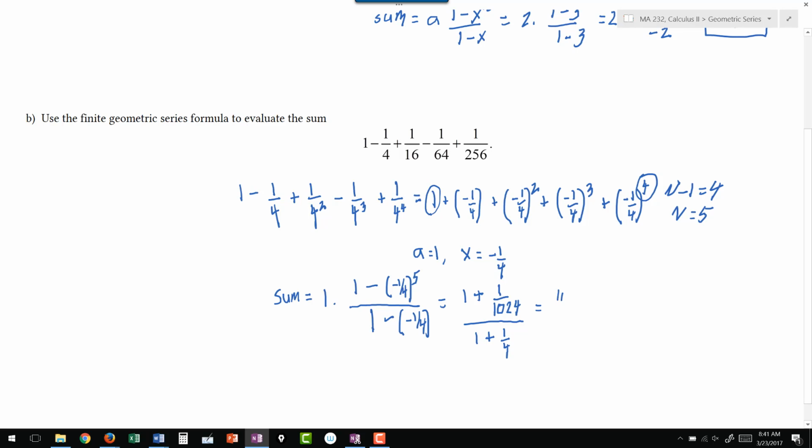And we can simplify a little bit to get 1,025 over 1,024 in the numerator and 5/4 in the denominator. From here, it's a matter of reducing to lowest terms, and we'll end up with 205 over 256. We could get a decimal approximation for that, but it's not necessary.